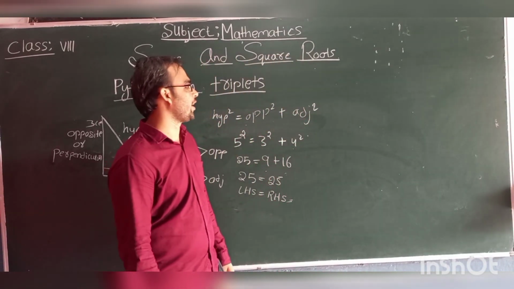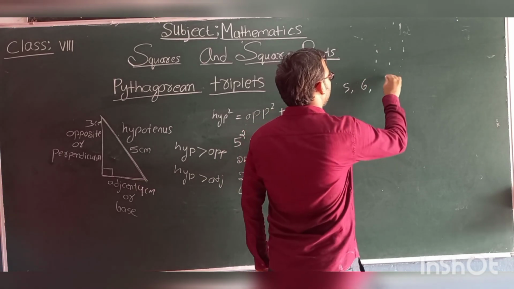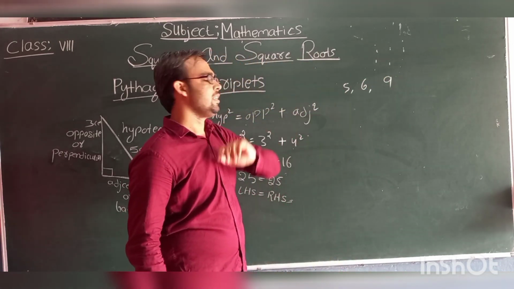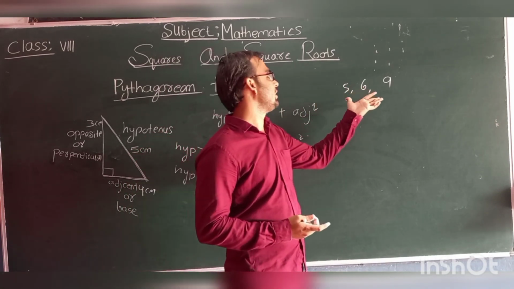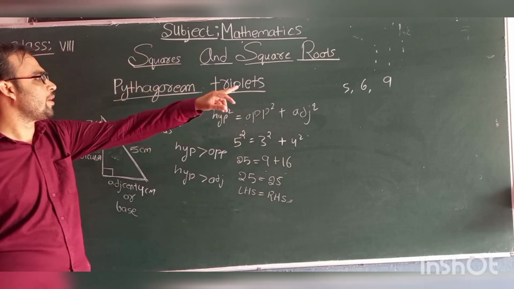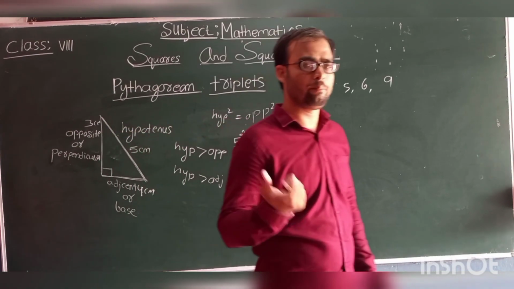And one more thing students, these conditions will not hold good for any set of 3 numbers. Okay, for example, here 5, 6 and 9 are there. If we assume that these 3 are Pythagorean triplets, then which is the bigger number? 9, no? As I told you, the hypotenuse will always be the bigger side.